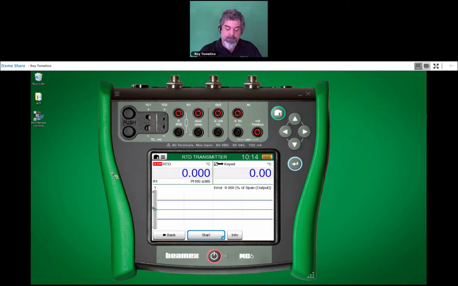Roy, here on the indicator, on the transmitter side, you'll power it and see the milliamps. Yeah, I've got a loop power actually set up on this, on my indicator.